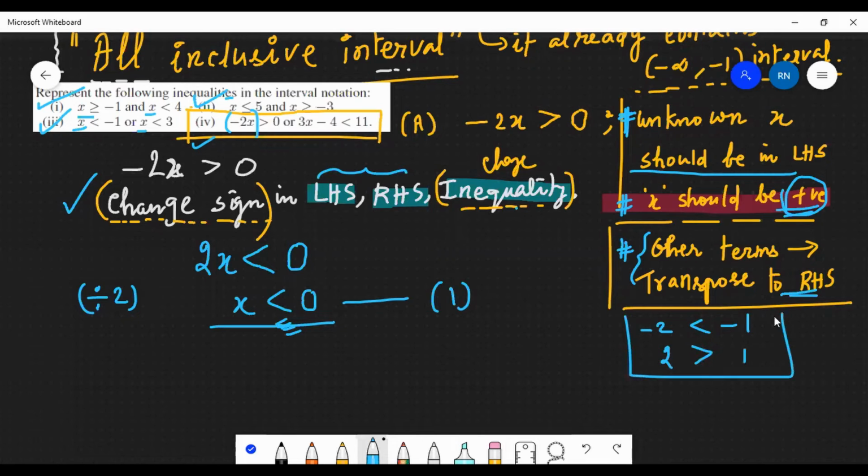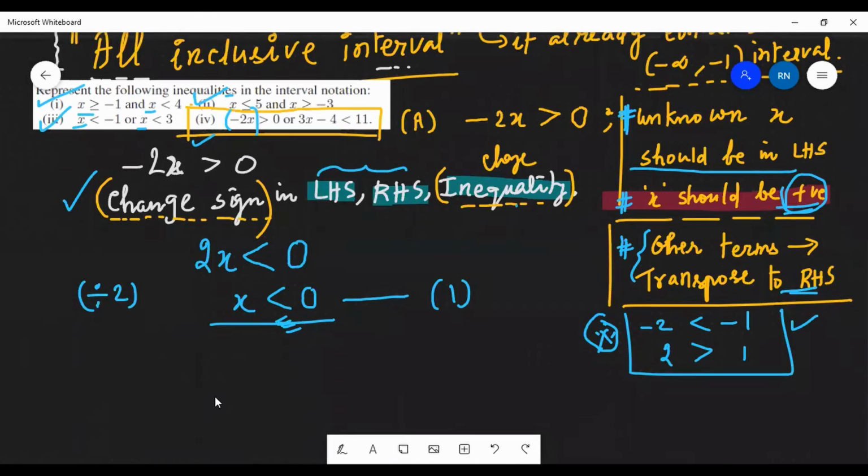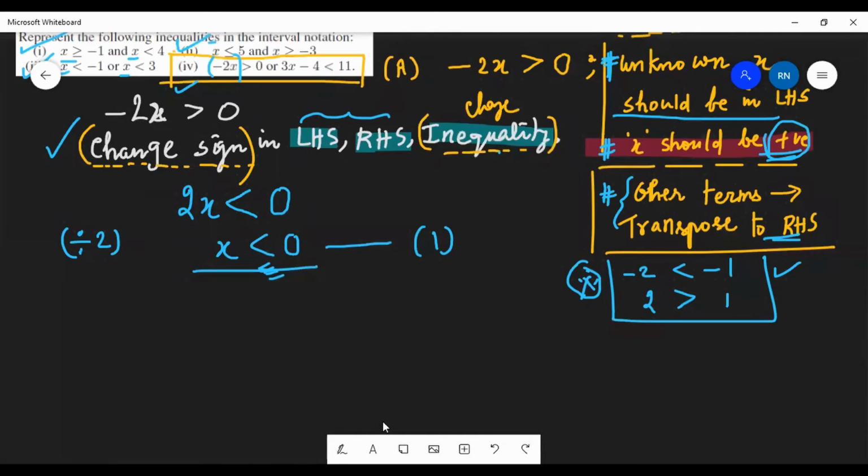So you can always cross-check with the well-known positive and negative integers. So this is statement number 1. I hope that's understandable. So follow the same routine for the next part of the question.